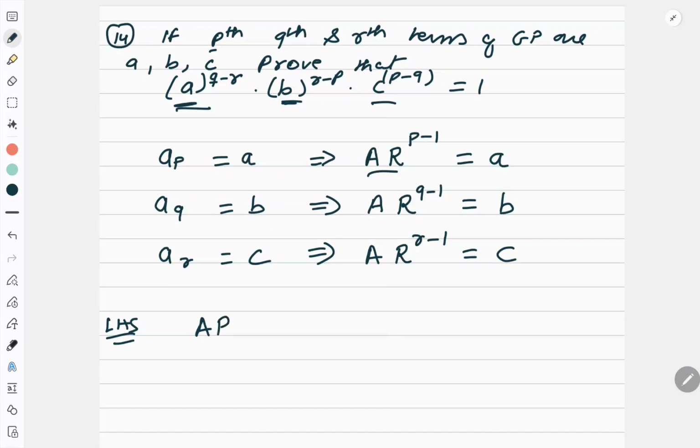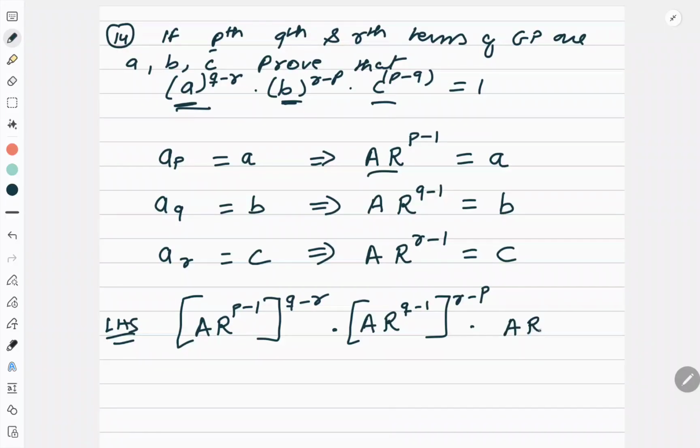So A r to the power p minus 1, whole power q minus r, into A r to the power q minus 1, whole power r minus p, then A r to the power r minus 1, whole power p minus q. I should get the value 1.